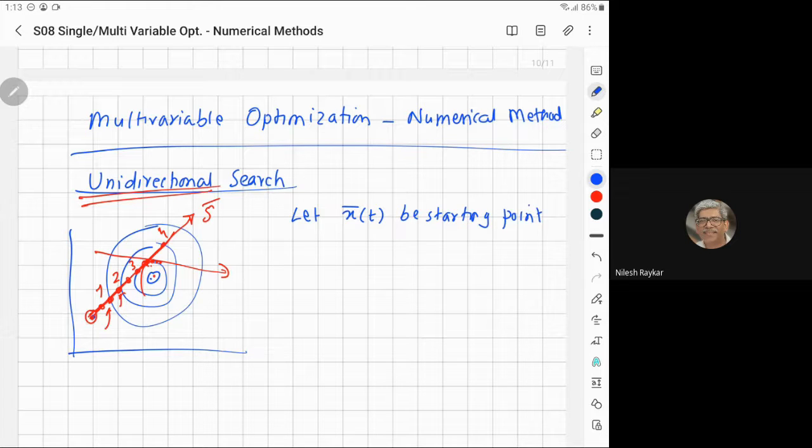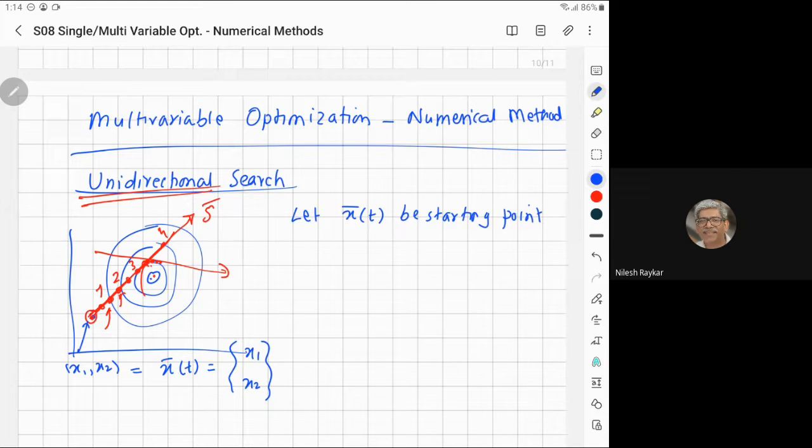In 2 dimensions, for example, this point will have values x1 and x2. This can be written as a vector x bar, which in matrix form will be the column vector x1 and x2. That is the starting point. In 3 dimensions, it will be x1, x2, x3, and so on.